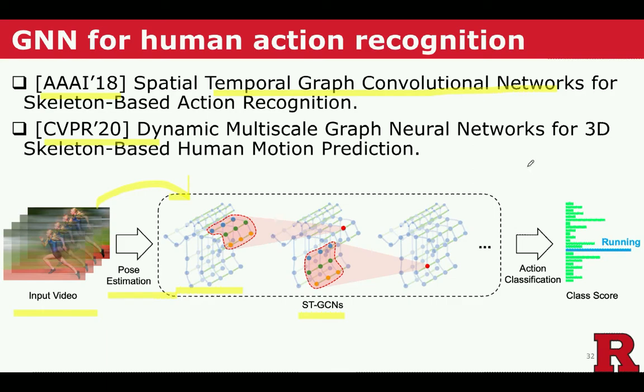You basically get a representation for the input video, and then you can perform downstream tasks such as action classification. And this second paper also considers multi-scale features. Basically, these three nodes can be considered as another, more coarse-scale hypernode. This kind of idea.